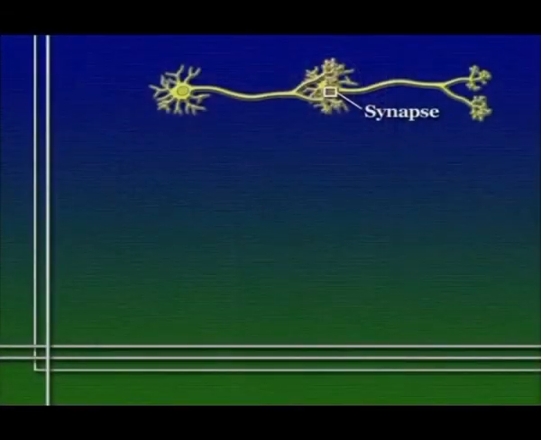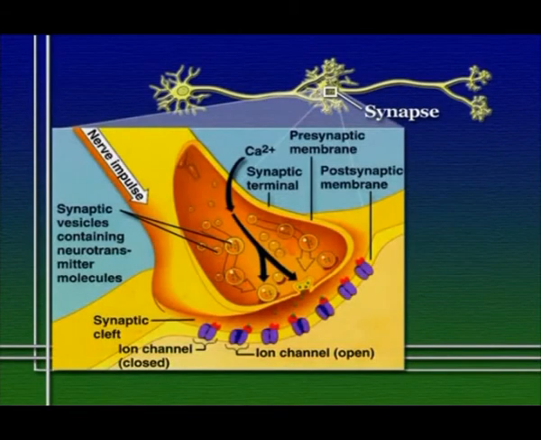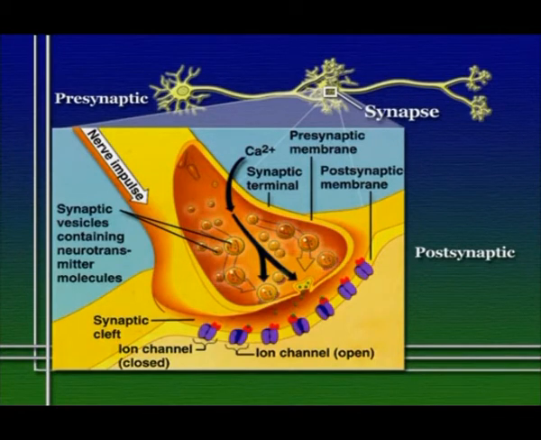If we could look up close at one of these synapses, get a really good electron microscope and work out the anatomy in some detail, you'd see that the presynaptic side and the postsynaptic side of a synapse look quite different. On the presynaptic side, on the cellular level, you would see a large number of vesicles in the cell right near the edge.